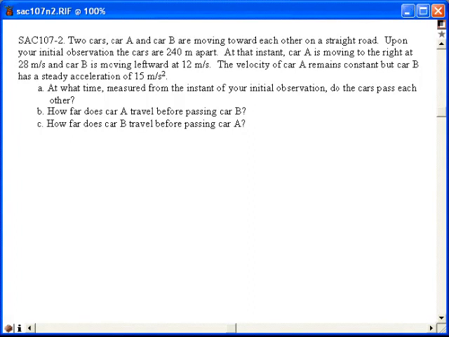SAC107 number 2. You've got two cars, car A and car B, and they're moving toward each other on a straight road. Initially they're 240 meters apart, and car A is moving to the right. So I'm going to put car A over here. Car B over here.